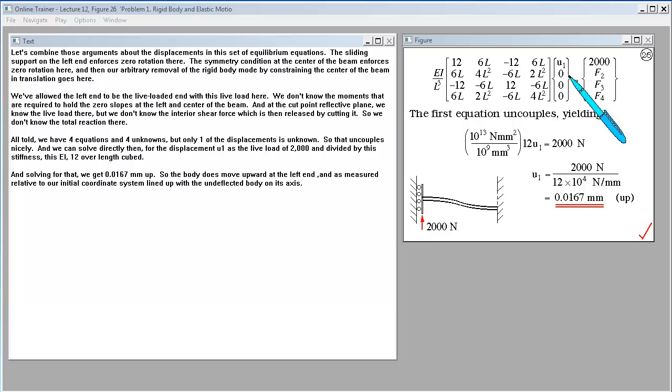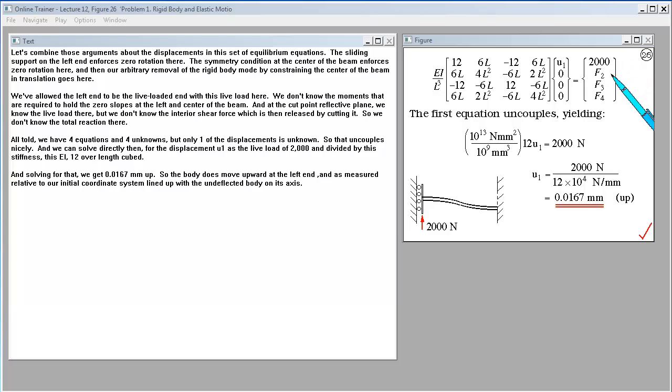The sliding support on the left end enforces 0 rotation there. The symmetry condition at the center of the beam enforces 0 rotation here. And then our arbitrary removal of the rigid body mode by constraining the center of the beam in translation goes here. We've allowed the left end to be the live loaded end with this live load here.